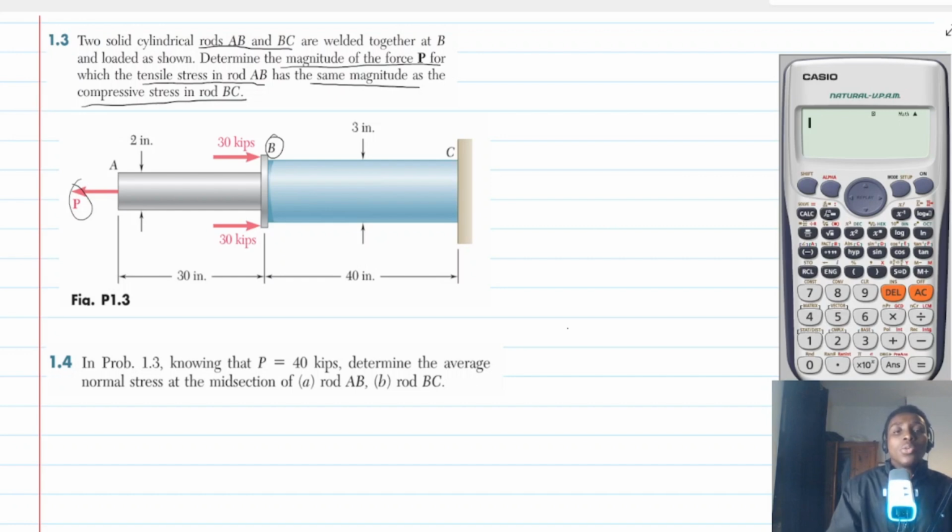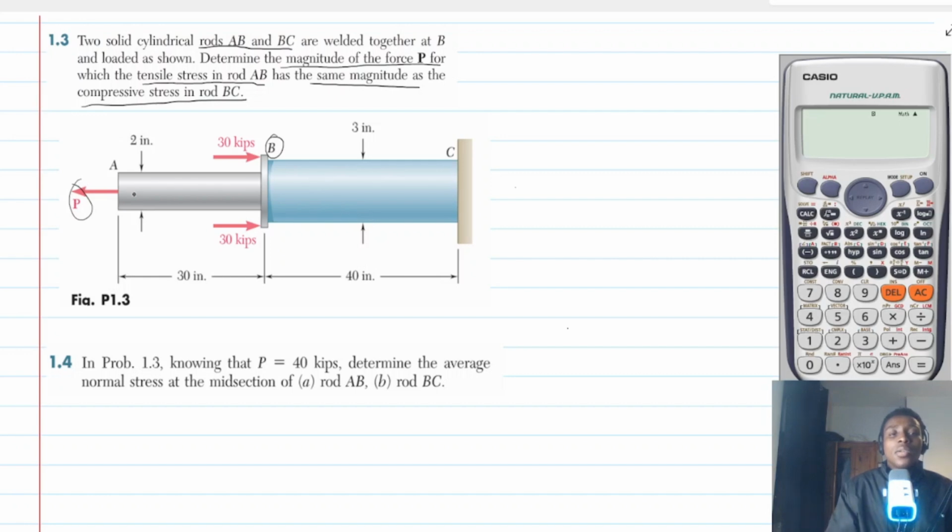Now, this is what you are going to do. There is a support reaction here. Therefore, there is this kind of reaction, which the support gives to the rods.